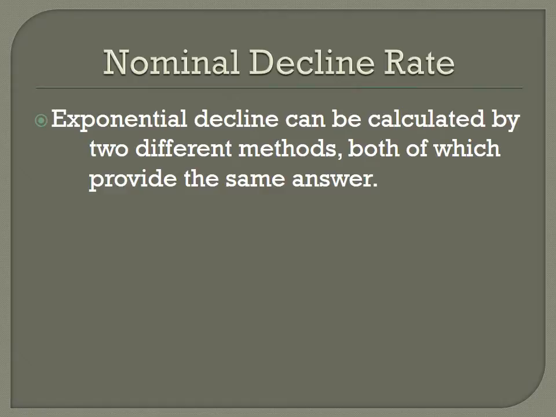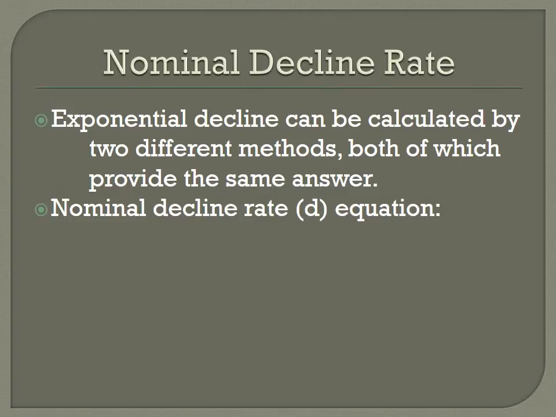When production follows an exponential decline, two different methods can be used to calculate rate forecasts. The nominal decline rate is more suited for tabular data, while the exponential model is used more appropriately for a graphical approach.